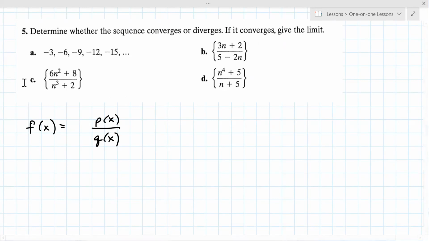One of them was for horizontal asymptotes. So case 1 said that if the degree of the numerator is less than the degree of the denominator, do you remember what happens here?